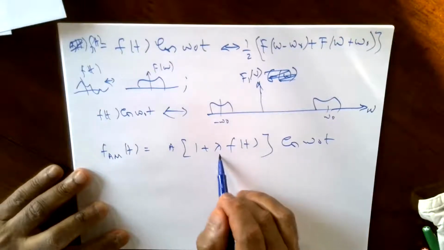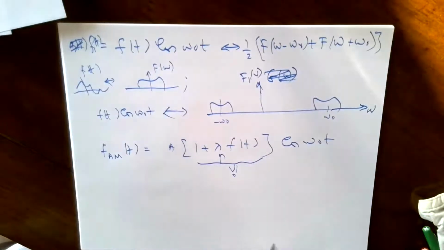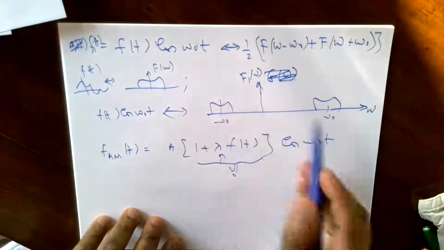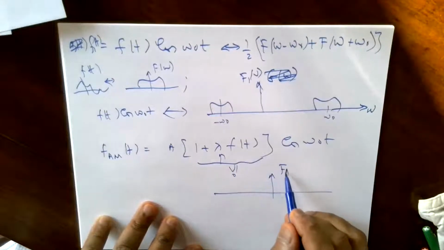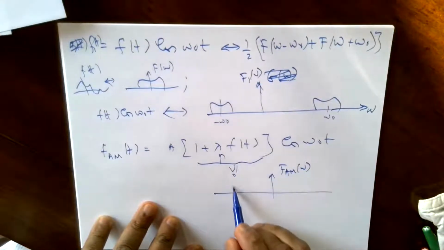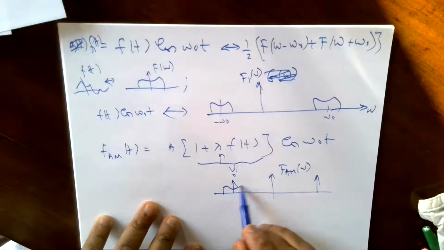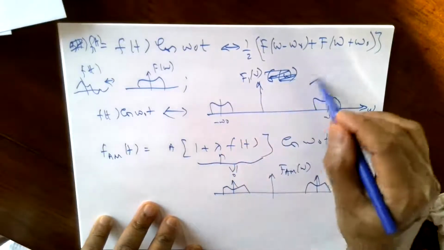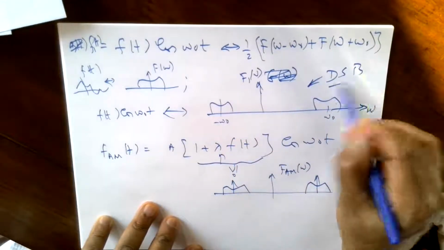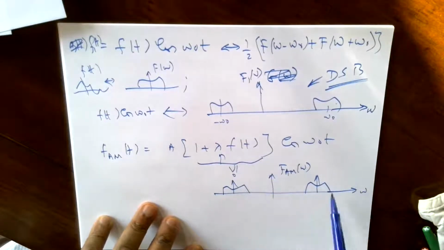The purpose of the λ is to make this whole thing non-negative, so that it's very easy for decoding or detection, demodulation purposes. But in terms of a transform, the transform of f_AM has two components: one impulse because of the cos ω0 t, and then on top of that this one. This is called double sideband modulation, DSB. This is AM modulation. So what's the problem in both of them?